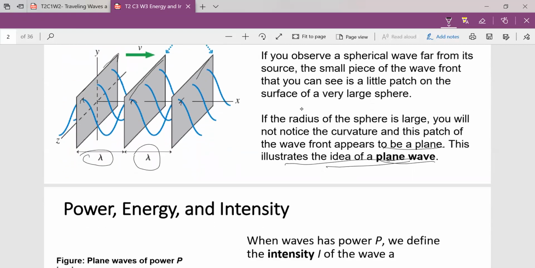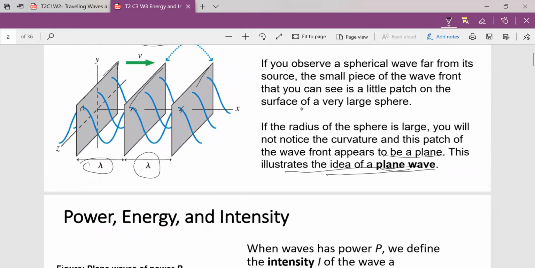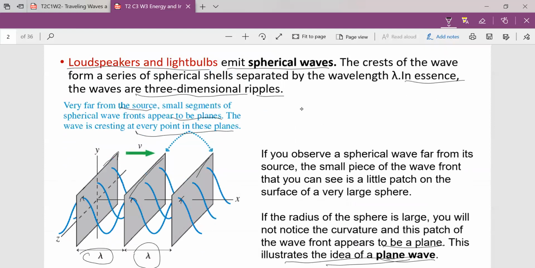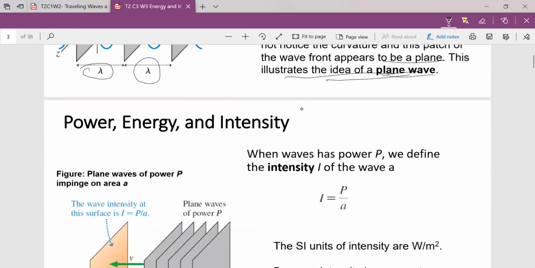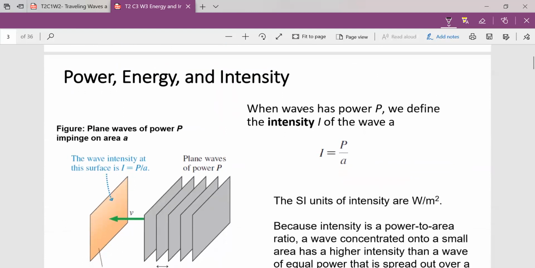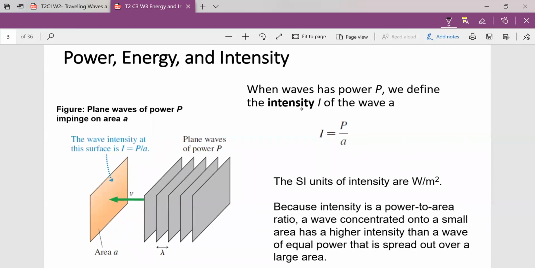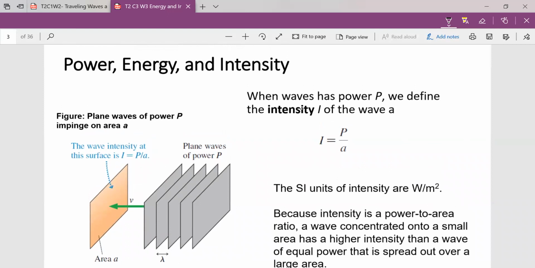Okay. So having established that the spherical is three-dimensional and the circular is two-dimensional, we want to proceed to the discussion of their power, energy, and intensity. What do we mean by that? How do we describe a wave using these three parameters?